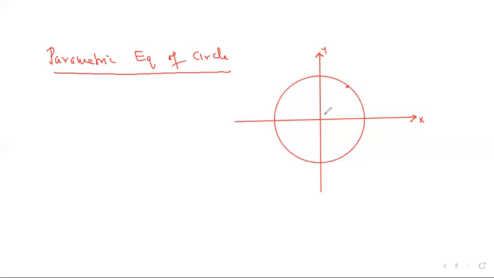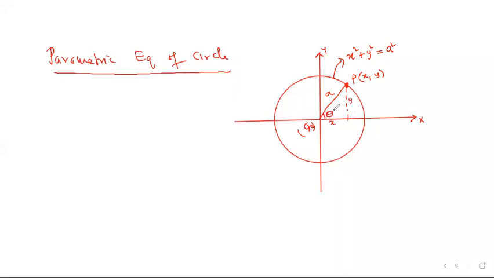That means if I know this radius, I say the Cartesian equation is x square plus y square equal to a square. What will be the parametric equation? If you take any point here, x comma y, this will be x and this will be y.